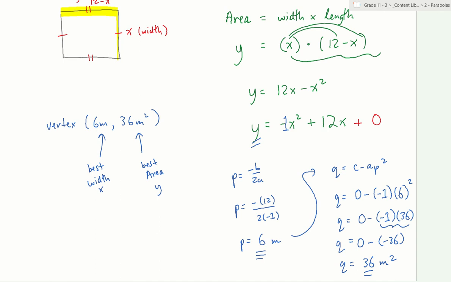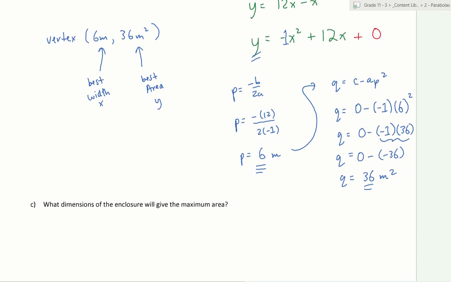All right, so what dimensions of the enclosure will give the maximum area? Notice it's saying what dimensions, so we have to go that little step further and say the width is 6 meters and the other dimension, if one side's 6, the other side, 12 minus 6, is also 6.